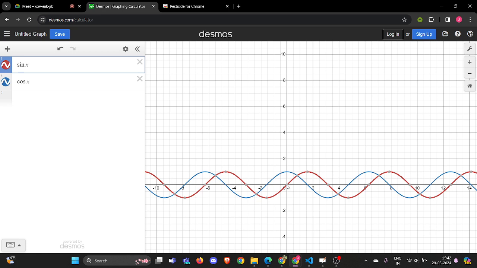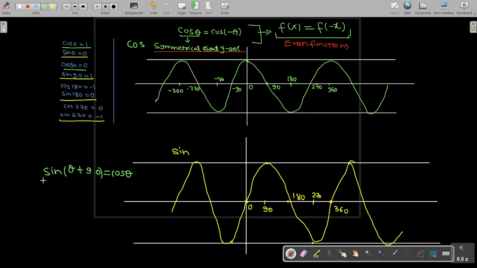The sine graph goes like this, and the cosine graph goes like this. Sine theta plus 90 is cos theta. It means you're shifting it by 90 degrees towards the left. If you shift this graph towards the left by 90 degrees, this will become the cosine graph.